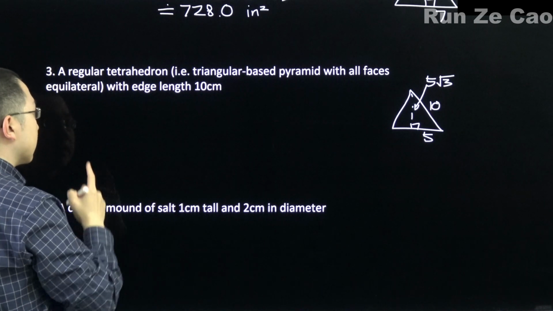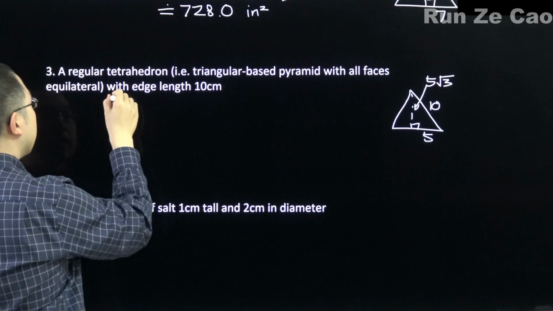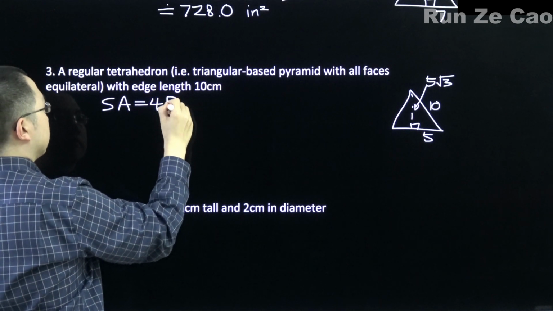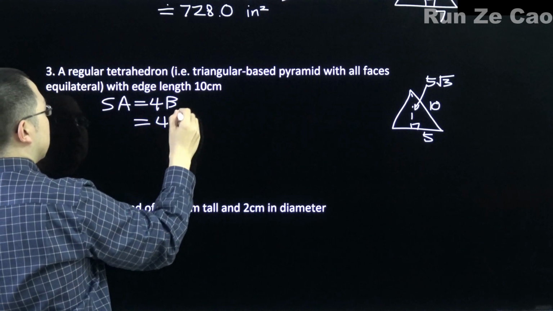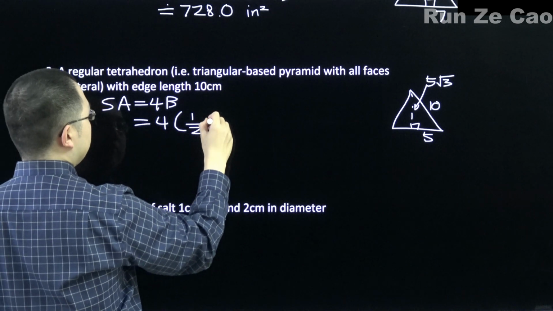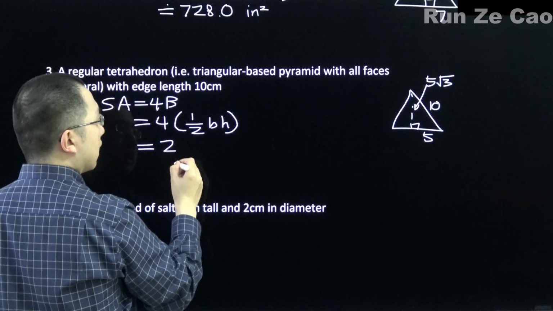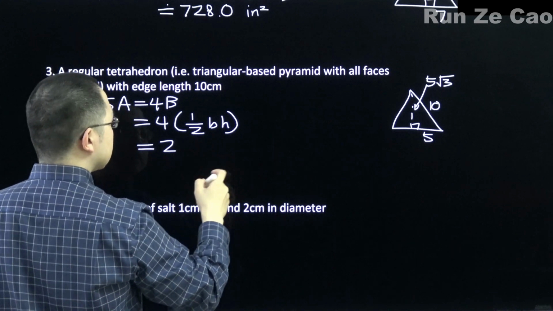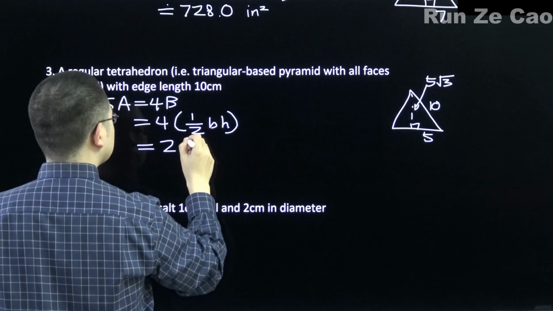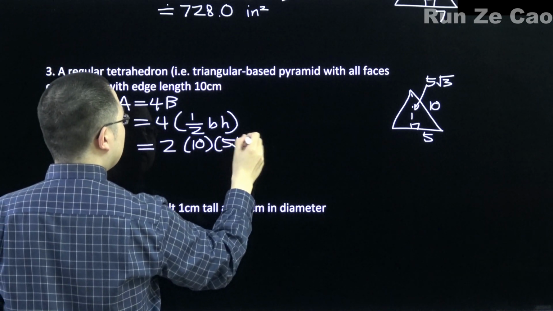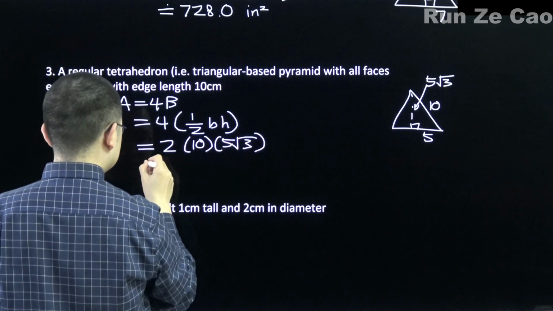Or, because it says it's a regular tetrahedron, surface area is equal to 4 times the base. 4 times 1/2 base times height. And so we're looking at 2 times the base, which is 10, and height, which is 5 root 3.